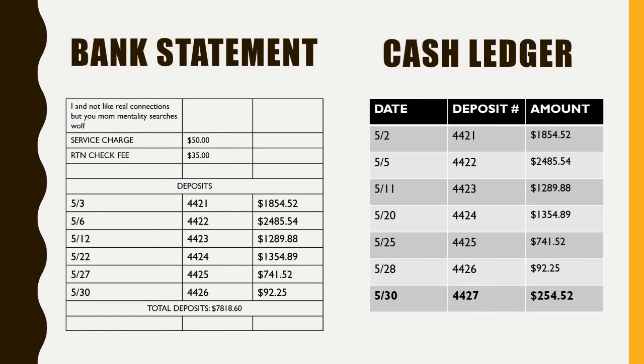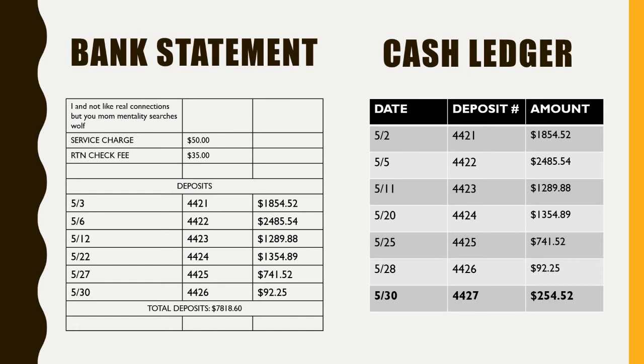Normally, the best way to find it is usually if you deposited something at the end of the month. That's usually your go-to for looking up your first missing number. The second thing you're going to do is double check your bank statement and compare.